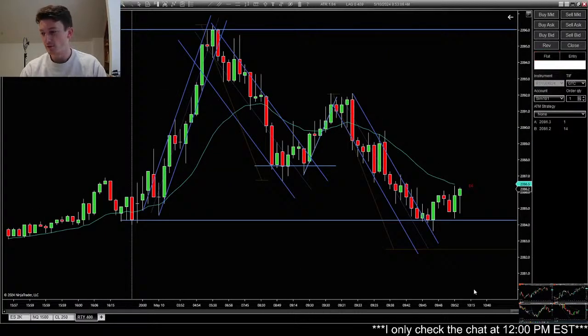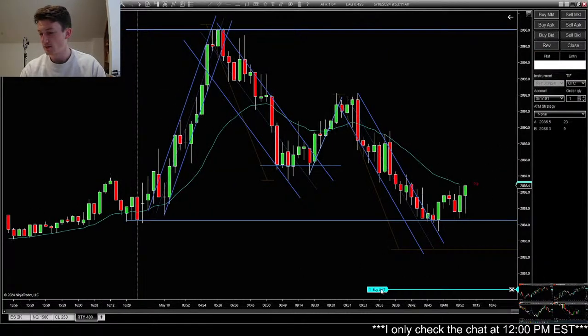Let's hop on over to the RTY, where it looks like we might get that strong close above as well. Don't have a stop strategy. Order canceled.